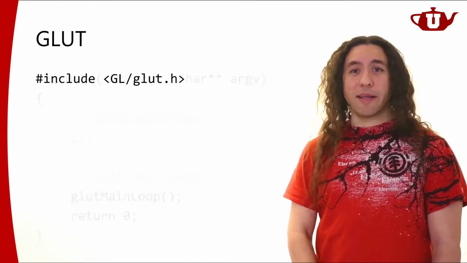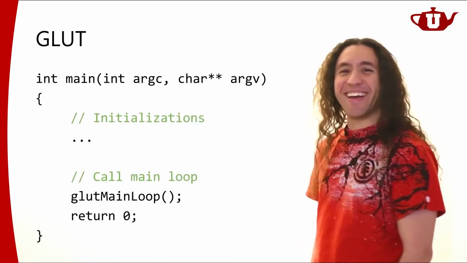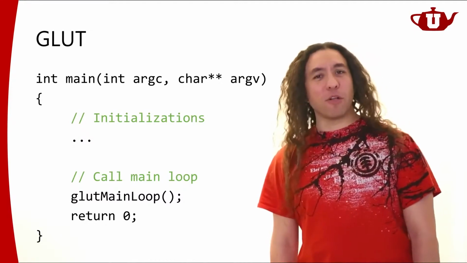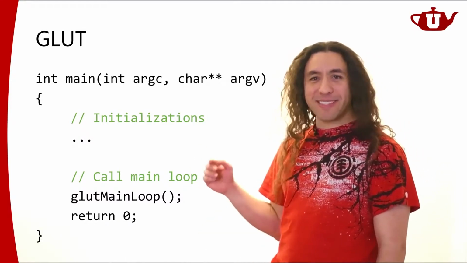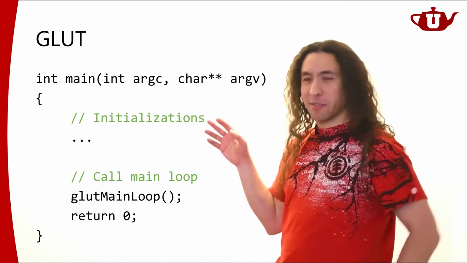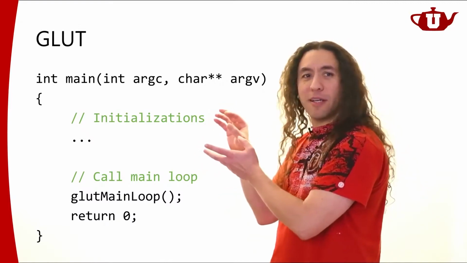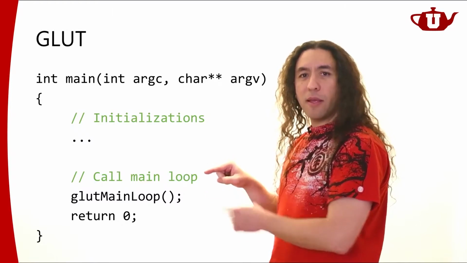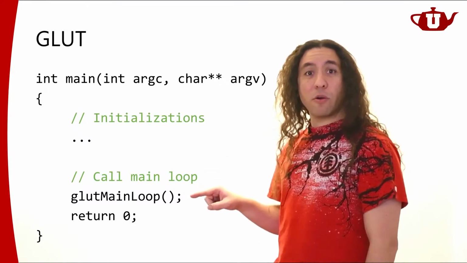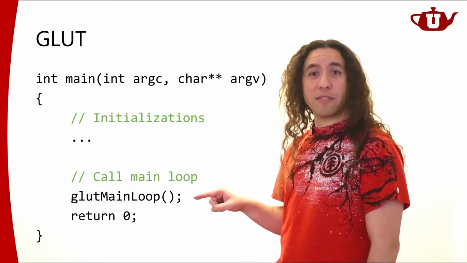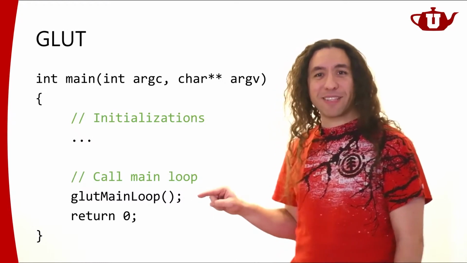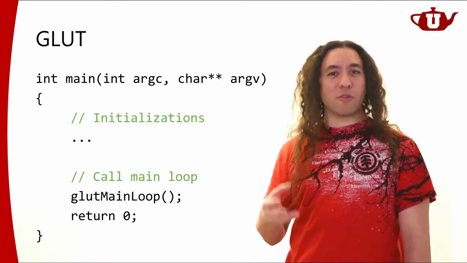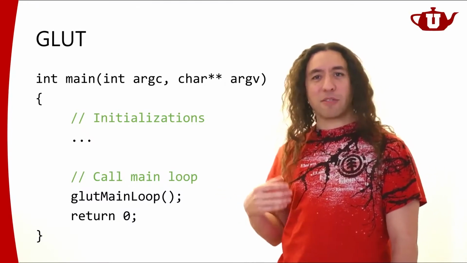Moving on. All right, here's our main function. This is what your entire program will look like when you're using GLUT. There's going to be a whole bunch of initializations, and after the initializations, we're going to be calling this glutMainLoop. This is where your code actually runs, where your application actually starts interacting with you. This is when we start rendering images, and we start getting keyboard interrupts and mouse interrupts and all that.